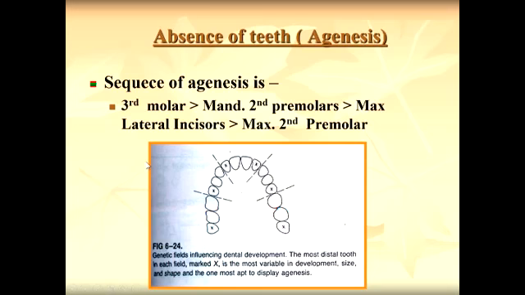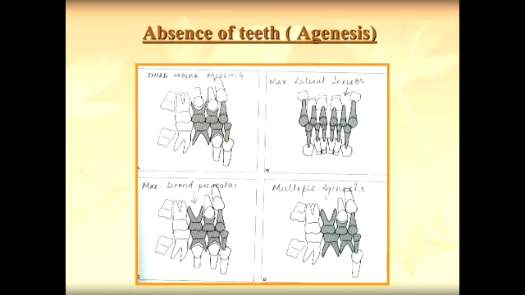The most distal tooth in each field, the X as shown in this figure, is the most variable in development, size and shape, and the most prone to display agenesis.